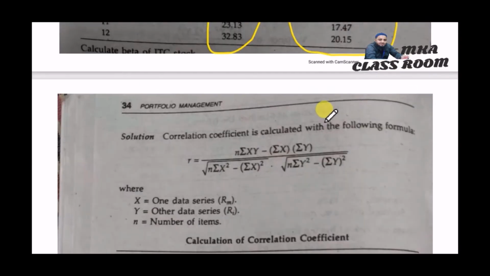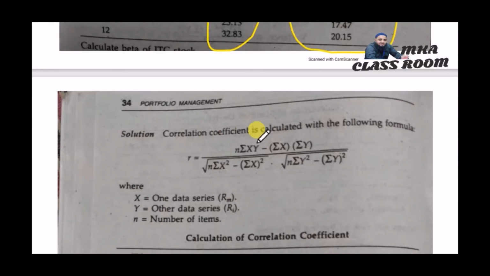Now we have to calculate beta. In the correlation coefficient, there is the formula for the correlation coefficient RIM.